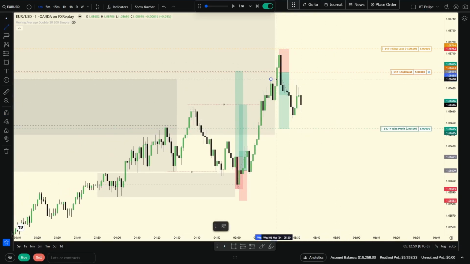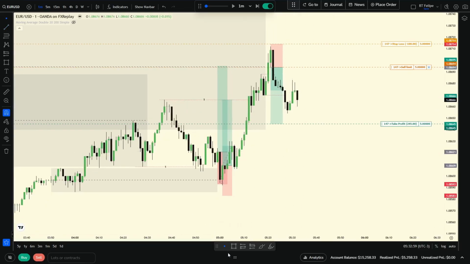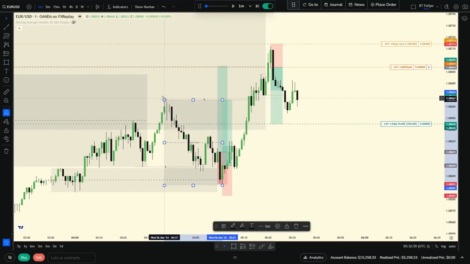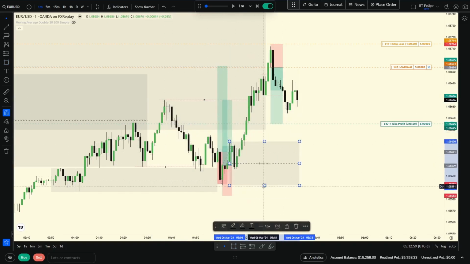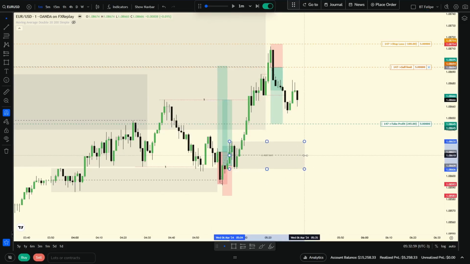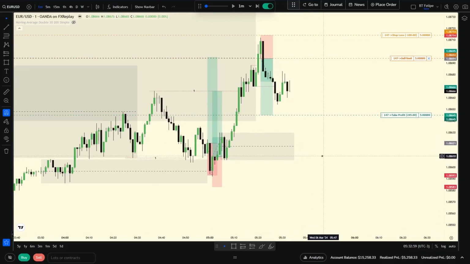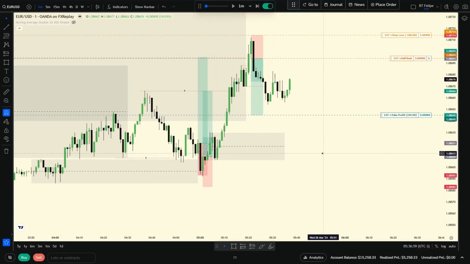Now price is efficient to go up again. Oops. The POI is pretty big. I'd like price to come here for me to long. It would be a lot better, of course, lowering the lag. But let's see.